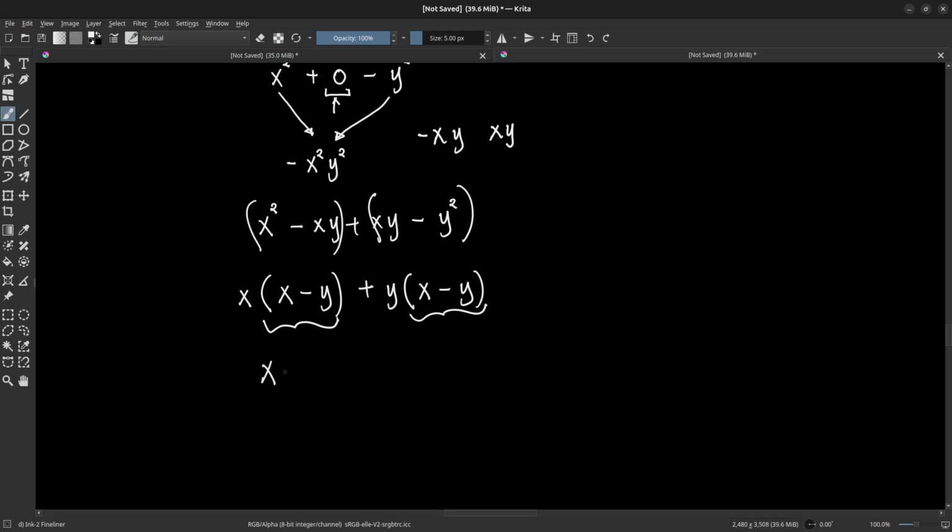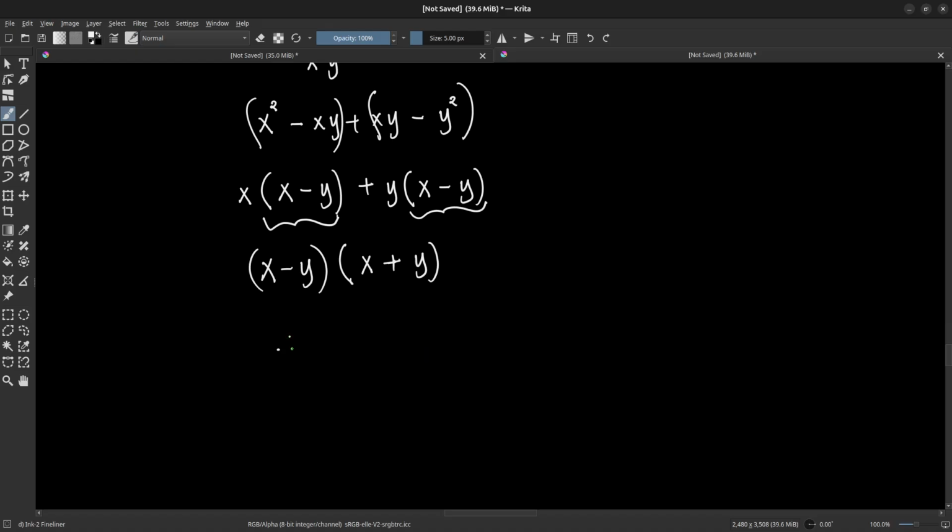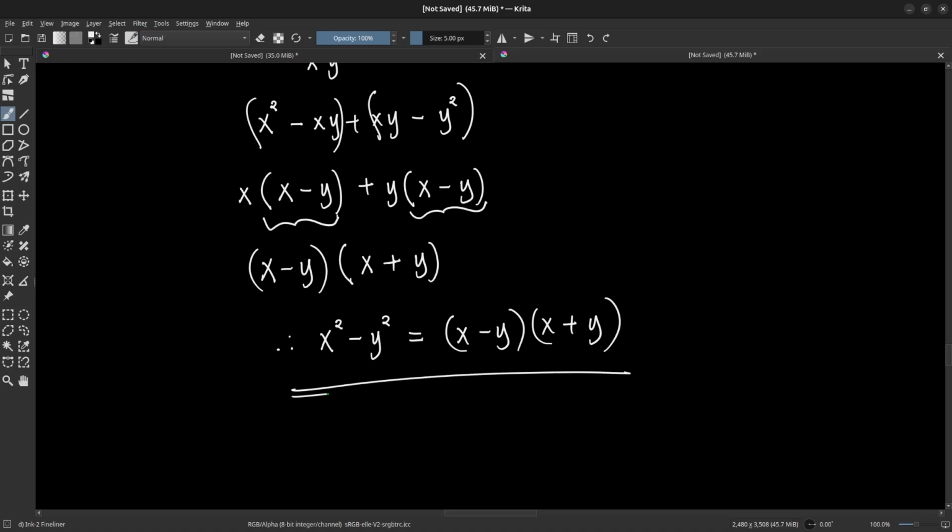When we factor out x minus y, we remain with x, plus the other expression divided by x minus y, which leaves us with y. And that is how you end up with x squared minus y squared is equal to x minus y times x plus y, the difference of two squares.